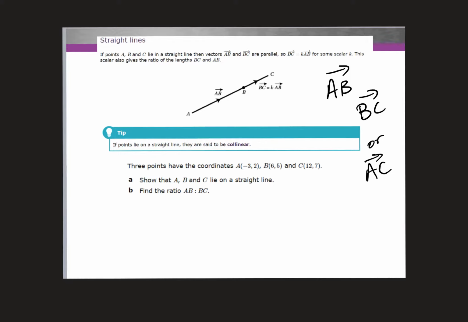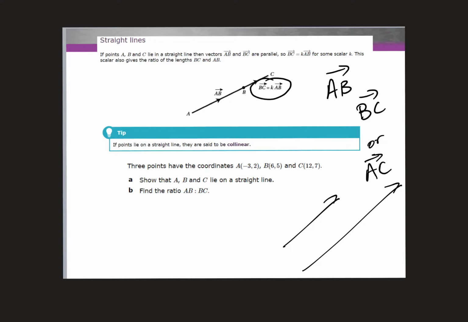When you're talking about vectors, they have the same direction. So if they are multiples of each other and they're all starting from the same point, then they must be part of the same line. This is what you were using in GCSE, and this is what we're going to be using here.